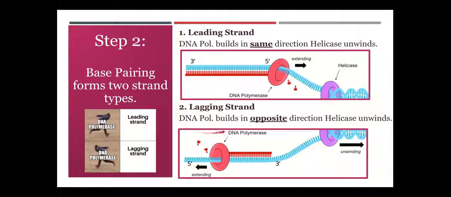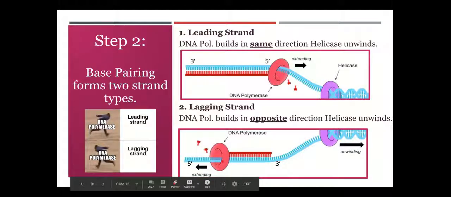The lagging strand, however, gets built in the opposite direction from helicase. So helicase is moving one way, it's unwinding the DNA in this direction, and DNA polymerase is adding those nucleotides in the opposite direction, which means that this strand of DNA gets its nucleotides added in short spurts.